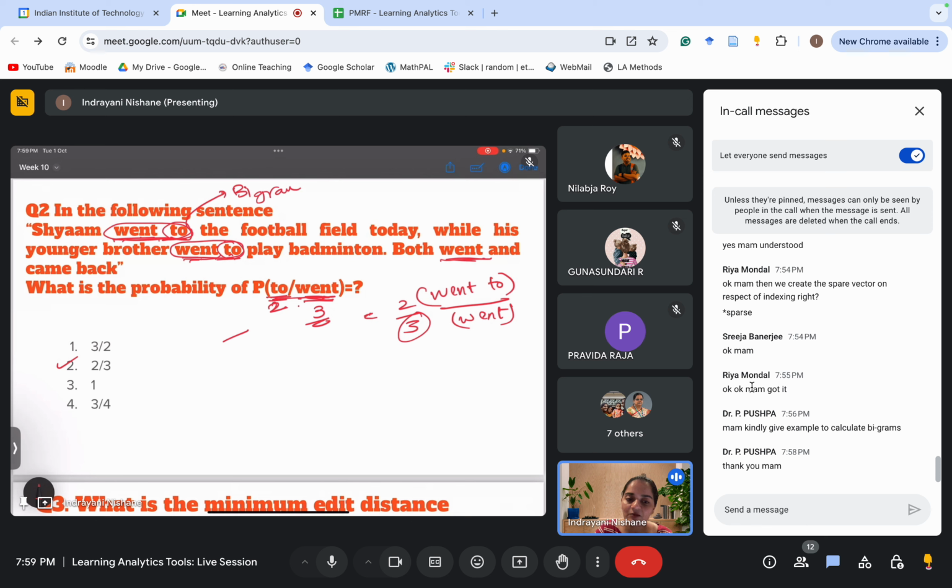Only the fancy names have been given, like the Markov assumption, that the probability of the current word will always depend on the previous word, or that the previous word will determine the upcoming word. That is how we write English also, na? That is the rule of language, that is how our sentences are structured. There will be a verb, a noun, an adverb, pronouns.